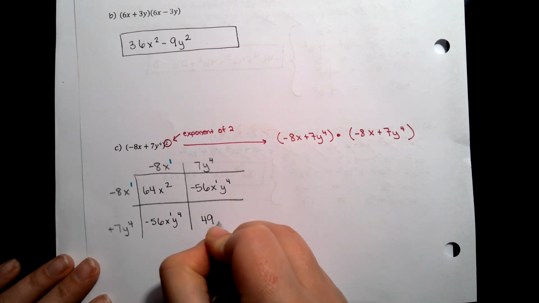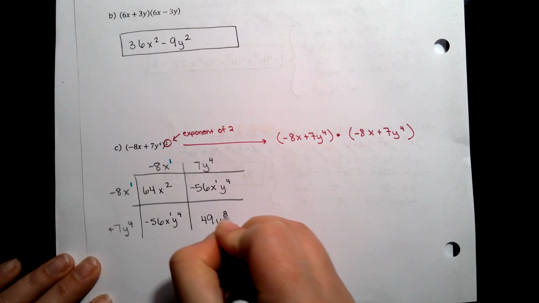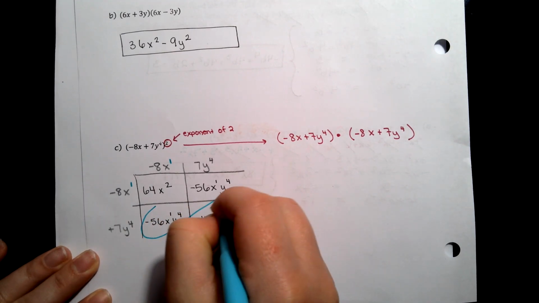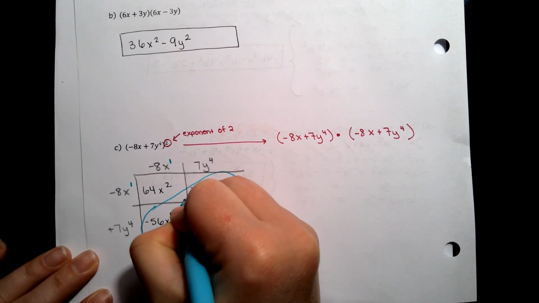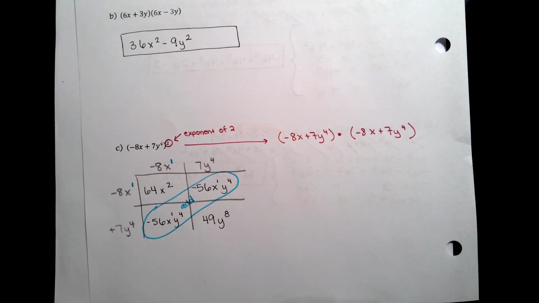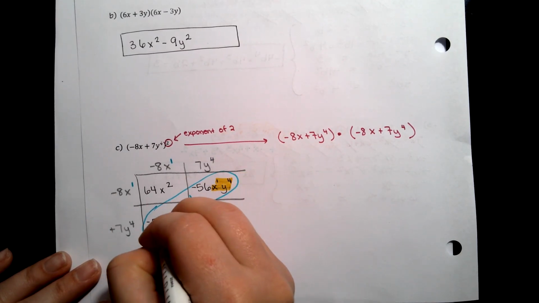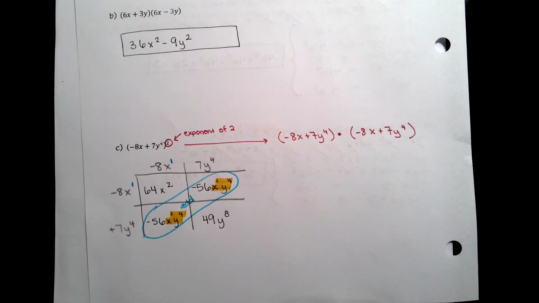This one are like terms, so I can add 4 plus 4, which gives me an 8. Be careful here because, yes, we cannot combine the exponents, but these here are still like terms, and we can still add. The reason they are like terms is because both of them contain x to the first power, y to the fourth power. And because those are the same, we can put them together.